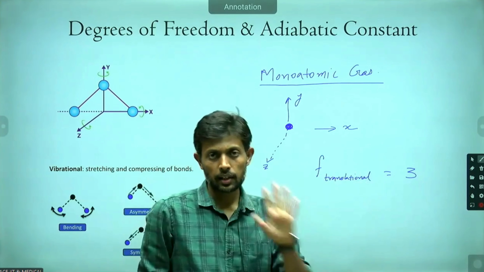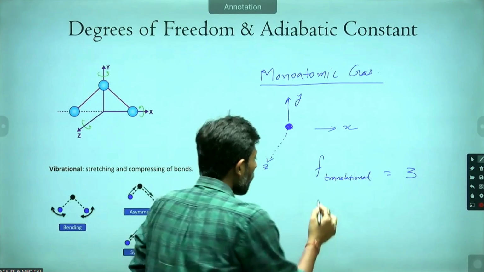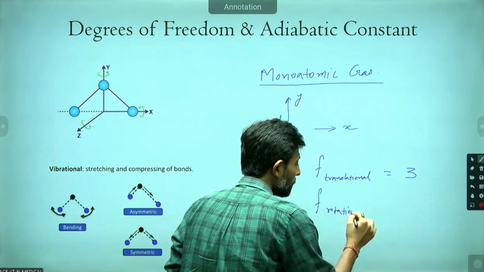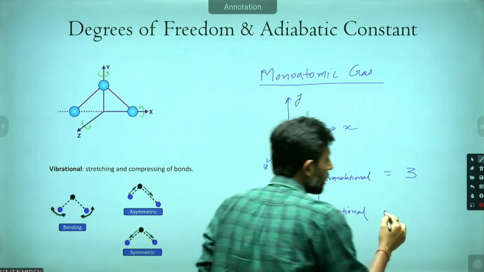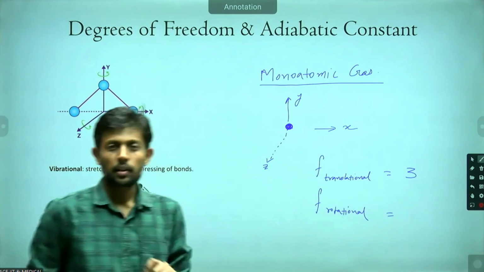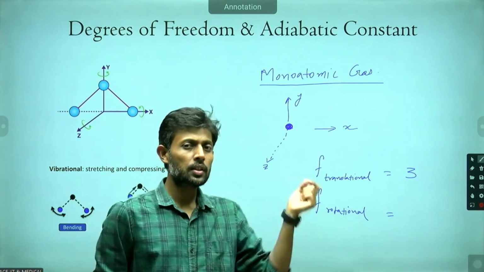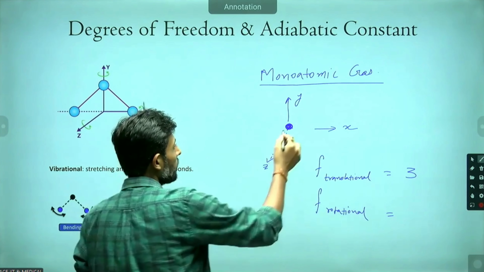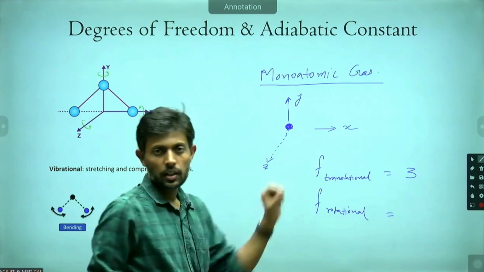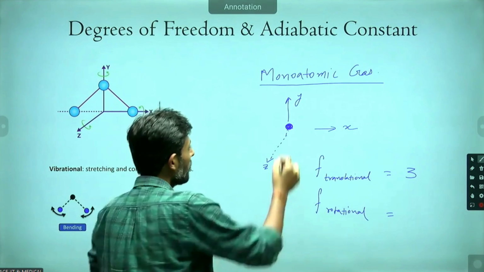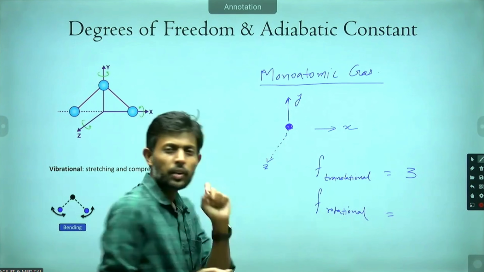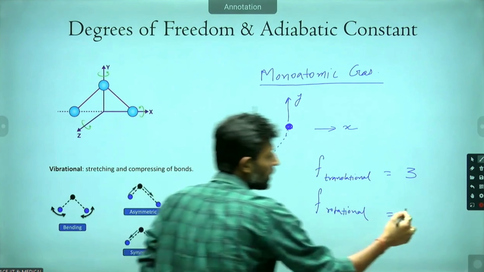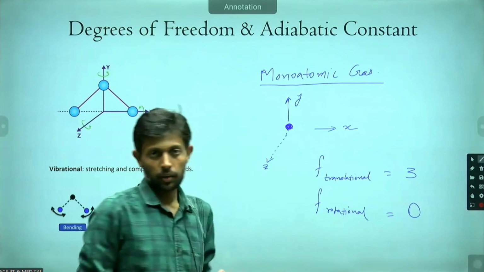So 3 translational modes. What about rotational modes? The rotational modes for this would be considered 0. The reason being, the moment of inertia for this atom is very, very small because the radius is very, very small. So we would say that there are no rotational degrees of freedom for this.